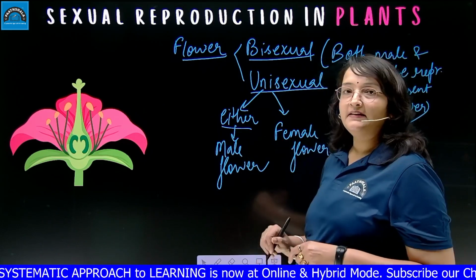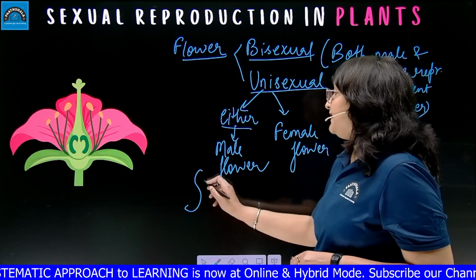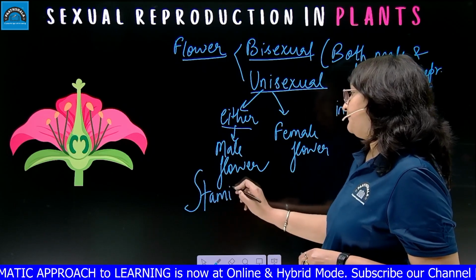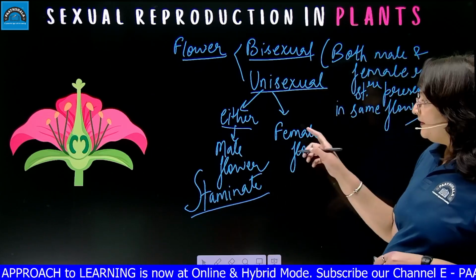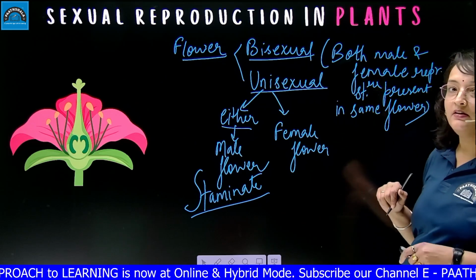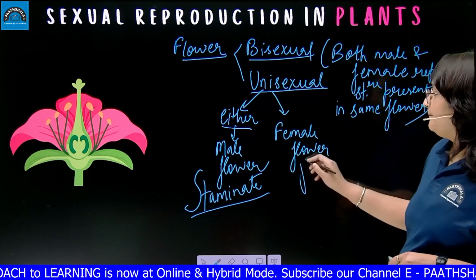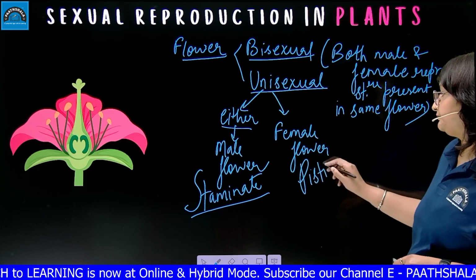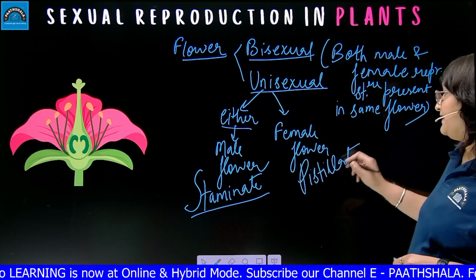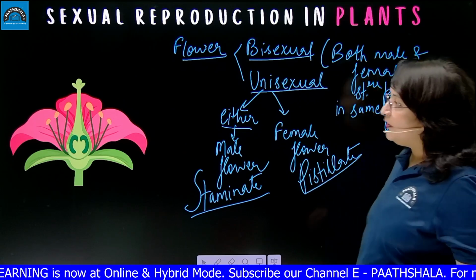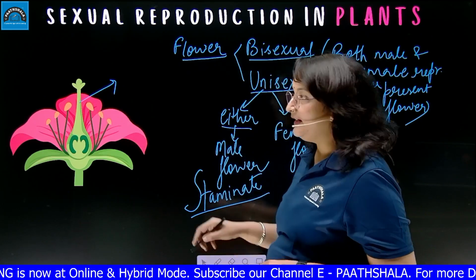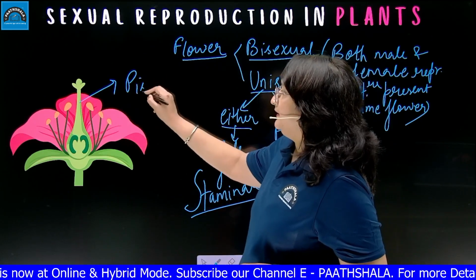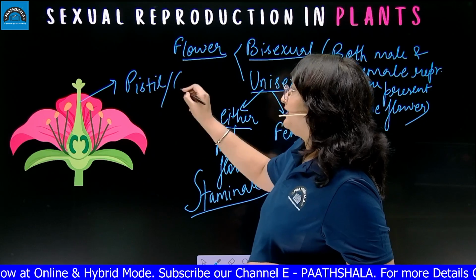The male flowers are called staminate flowers. And the female flowers of unisexual plants are called pistillate flowers. I hope you can relate with the names, because we say this female part, the center part of the flower, is called pistil, or we also call it carpel.